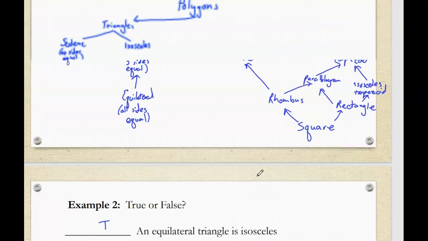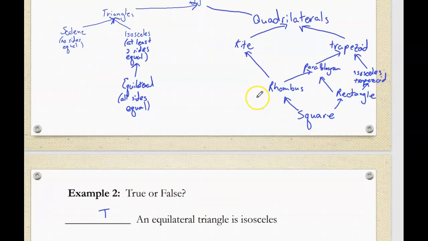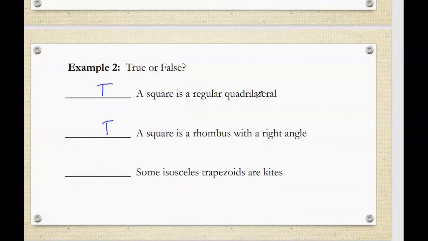So let's look at where isosceles trapezoids and kites are. Are those anywhere underneath each other? No. So that is completely false. If you are a trapezoid, you are not a kite. If you're a kite, you're not a trapezoid.